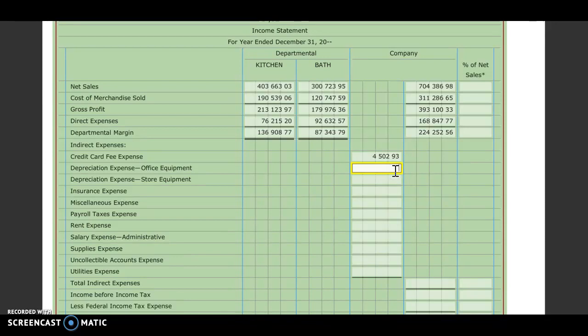Depreciation expense office equipment, $7,250. Depreciation expense for equipment, $8,490. Insurance expense, $15,500. Miscellaneous expense, $2,813.28.